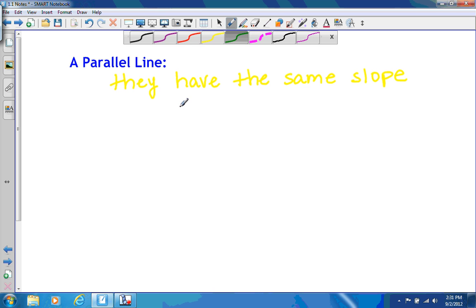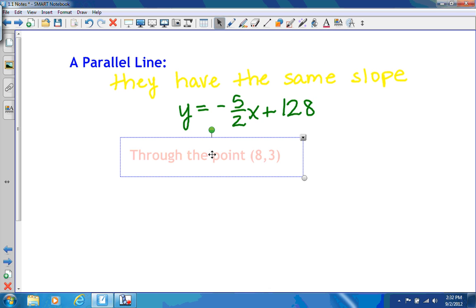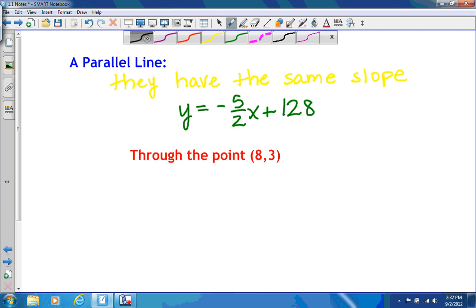So if we were using our original equation for our line, which was a negative 5 halves x plus 128, if we want to be parallel through the point (8, 3), you're going to need to use these 2 coordinates and our slope to figure out our new line, because it's not going to go through the same y-intercept.